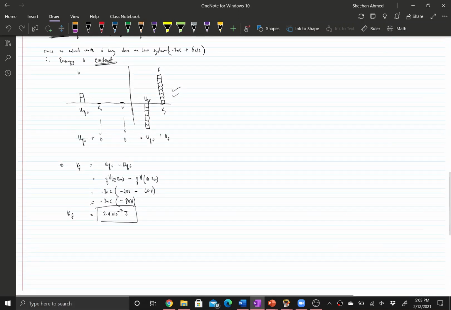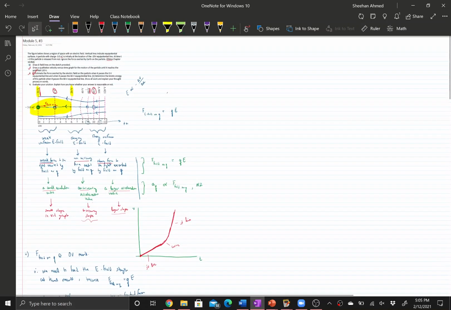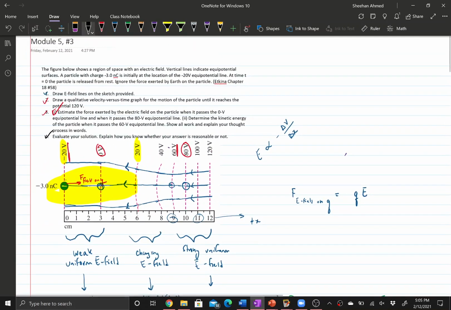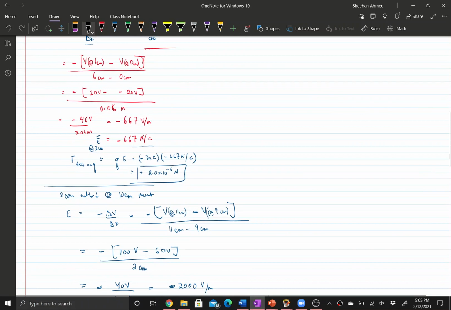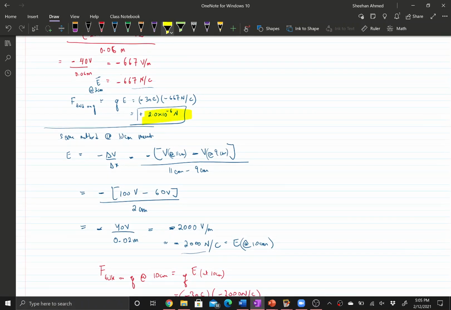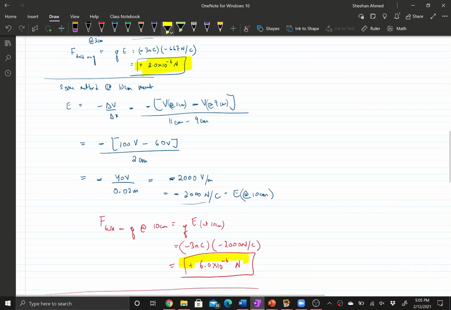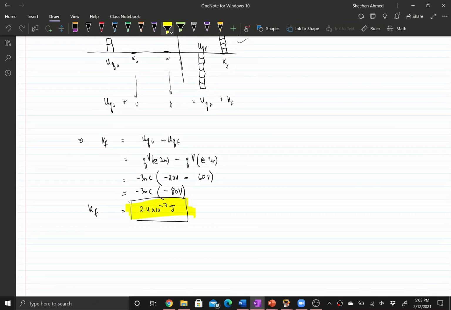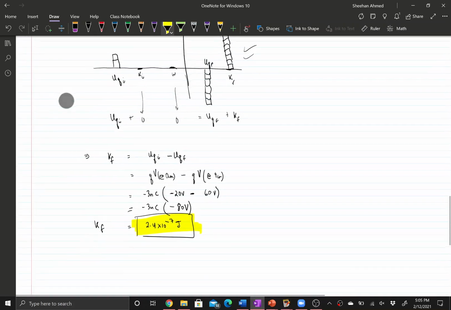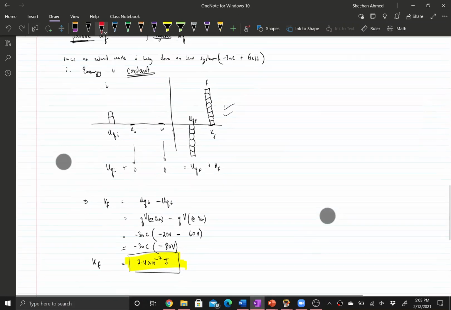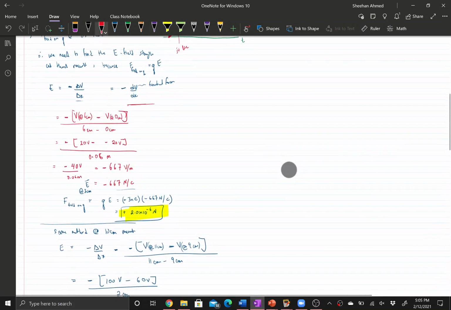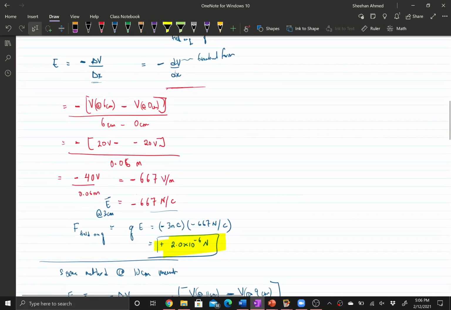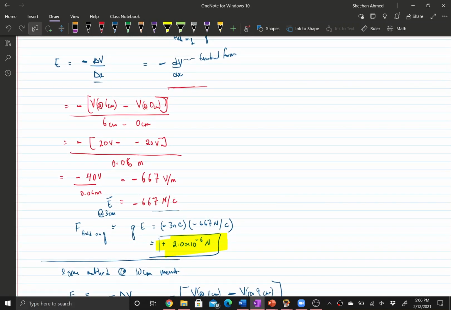And we're still not done. What do we have left? We have evaluate your solution. Explain how you know whether your answer is reasonable or not. Well, we have 3 answers, right? We have an answer over here, over here, and over here. Well, let's remind ourselves what we wanted to do. These answers we already evaluated when we were talking about it, right?